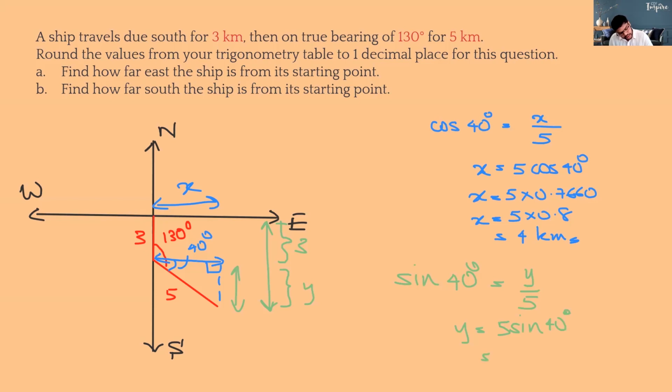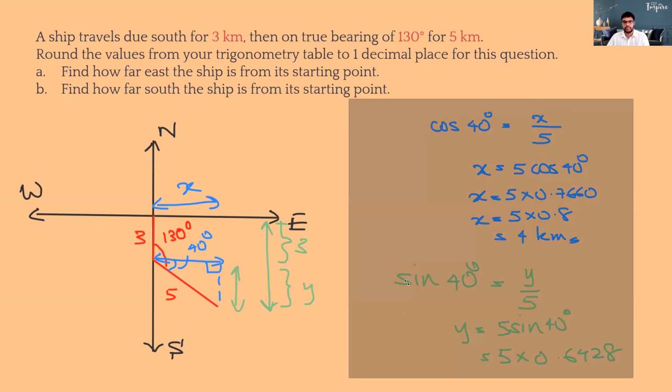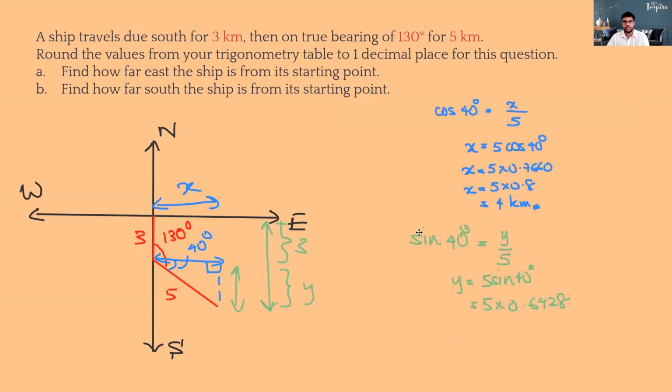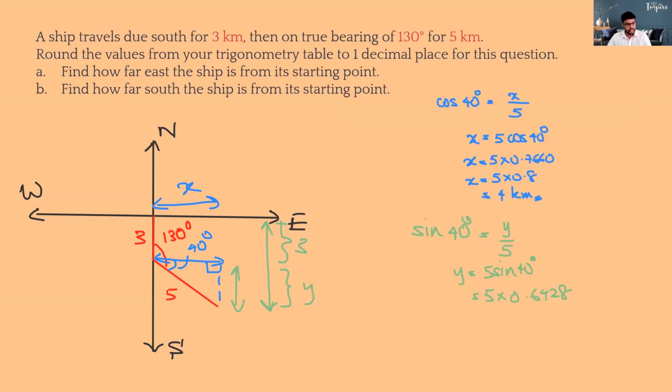Sine 40 degrees, I get 0.6428 from the table. Then we have to round it off because the question says to take it to one decimal place, so that is going to be 0.6.